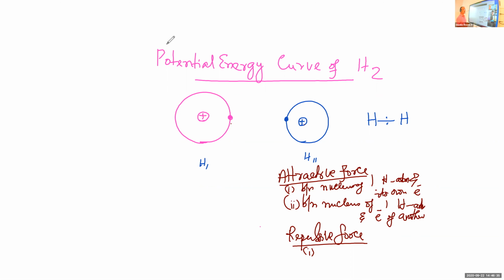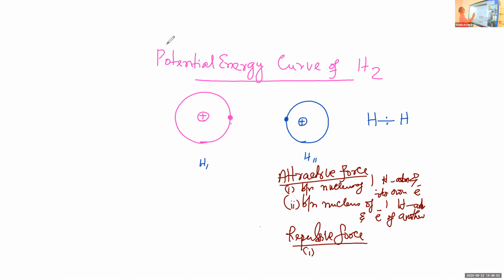One is the repulsion between nuclei of two hydrogen atoms. The two hydrogen atoms are coming closer, approaching each other.